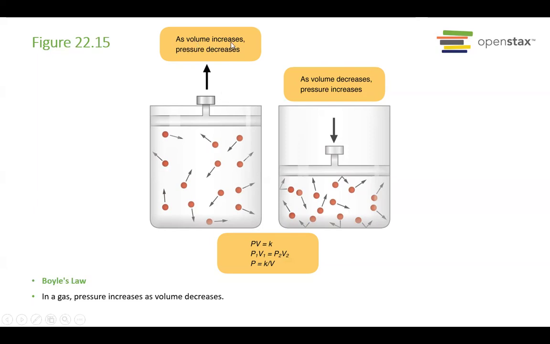As you see here, volume increase, pressure decrease. Here, volume decrease, pressure increase. Only when what? Only when the temperature is constant. Only when the temperature in this system is constant, then the relationship between volume and pressure will be opposite.